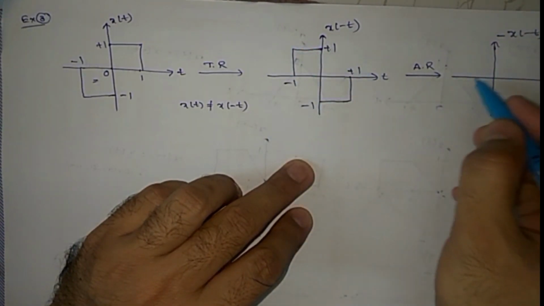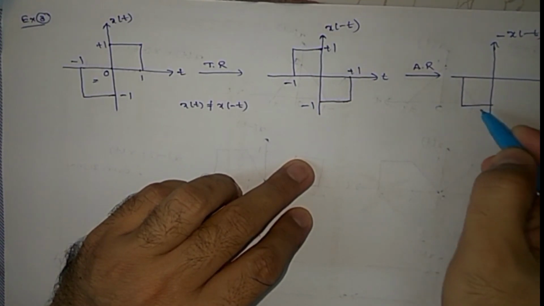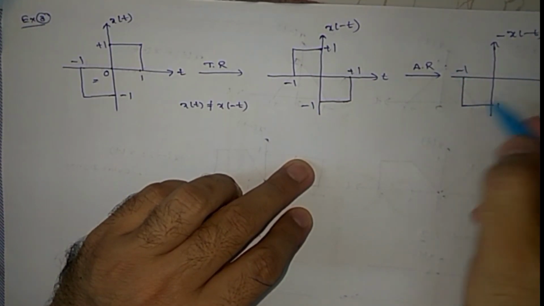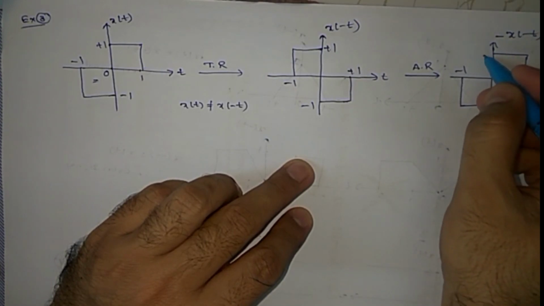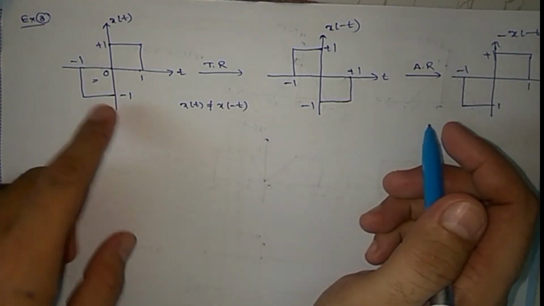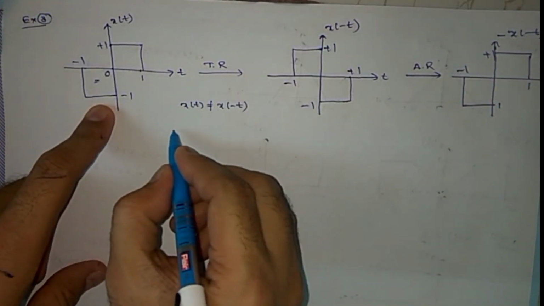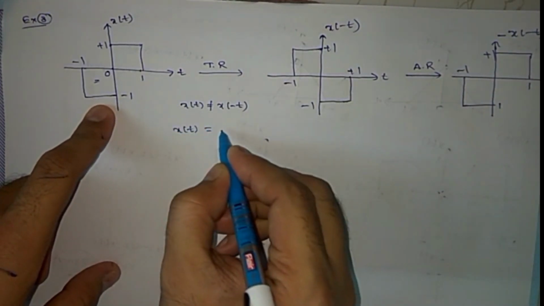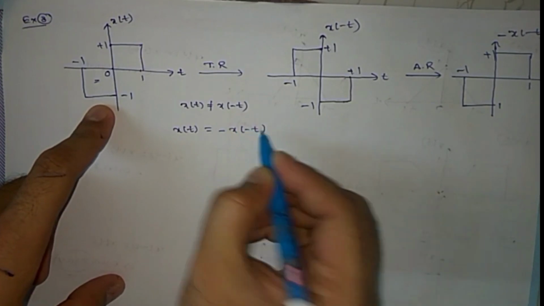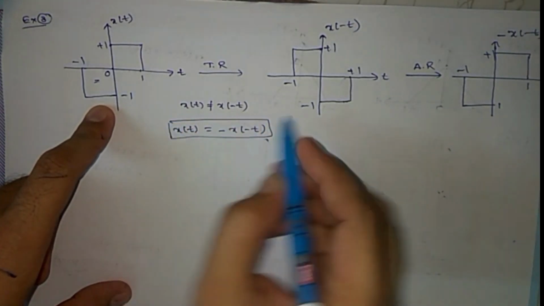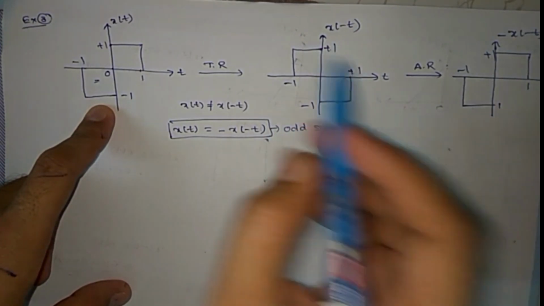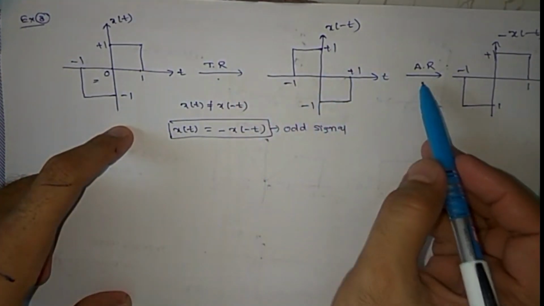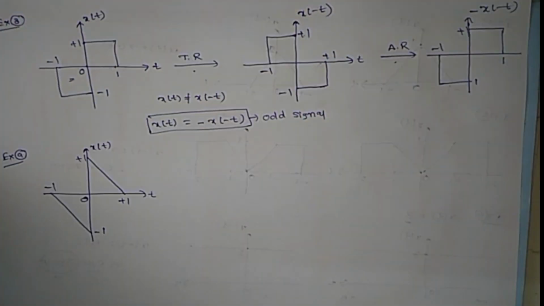This side portion will go downside, 1 minus 1, and this side portion will go upside, 1 plus 1. See, these two signals are the same. So what did you understand here? x of t is equal to minus x of minus t. This condition is for what? Odd signal. Time reversal we have done, and amplitude reversal also we have done.